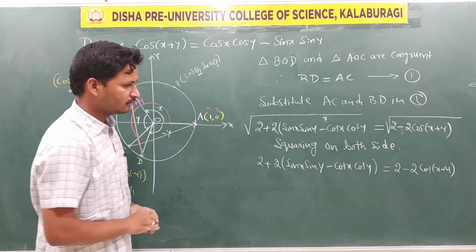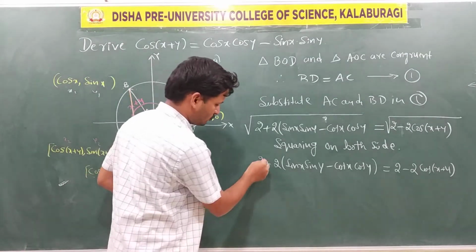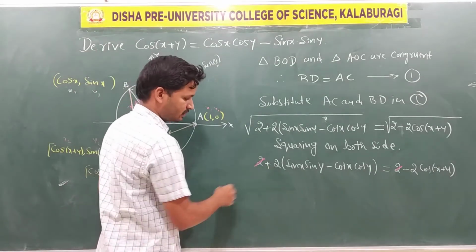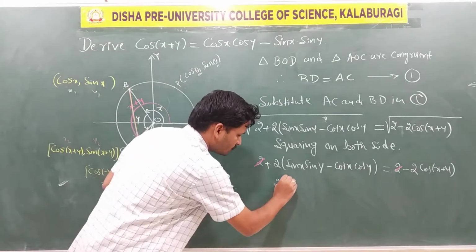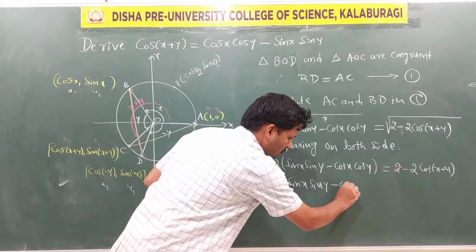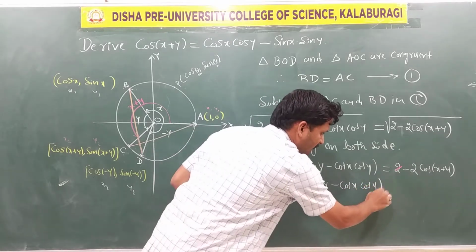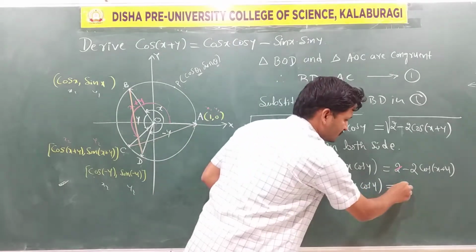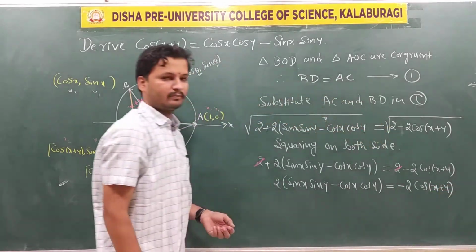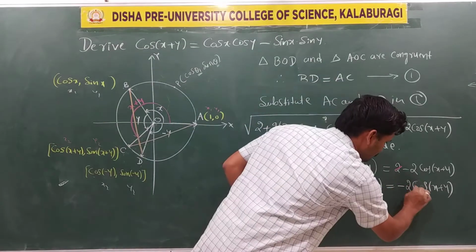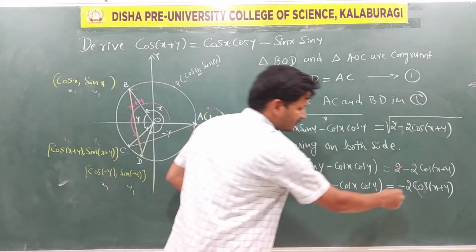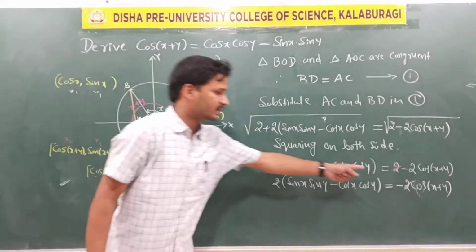Then here, see, this plus 2 and this 2 cancel, so remaining is 2 times sin x sin y minus cos x cos y equals minus 2 times cos of x plus y. So again, this 2 and this 2 cancel, so the minus sign remains here.